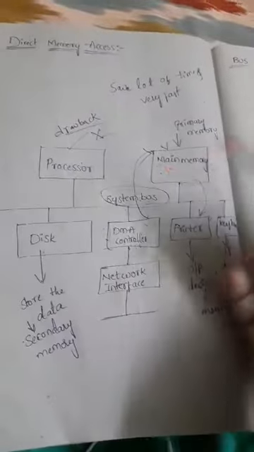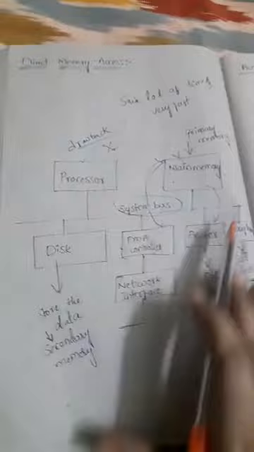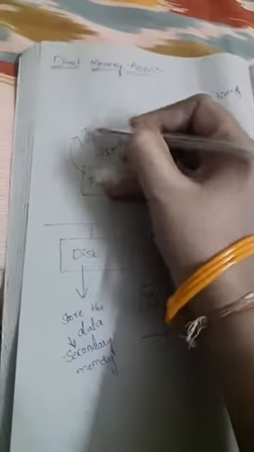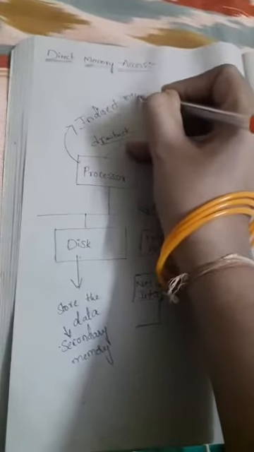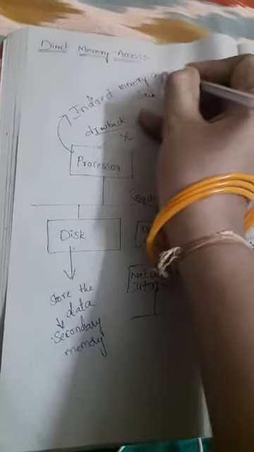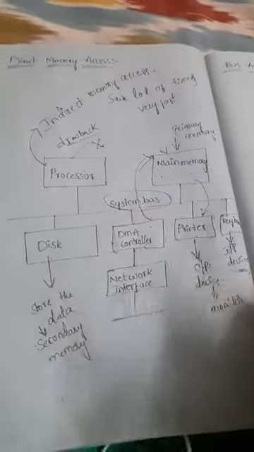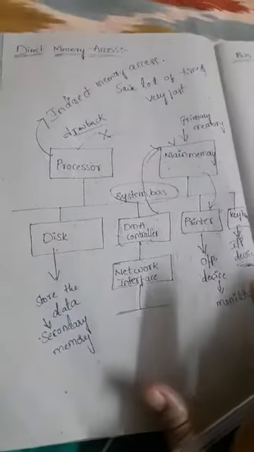If we involve the processor in every request, that method is called indirect memory access. If without the processor we can directly send the request to the main memory with the help of the DMA controller, we call it direct memory access.